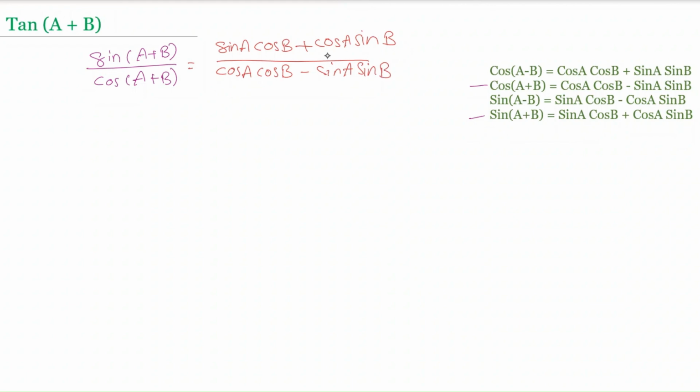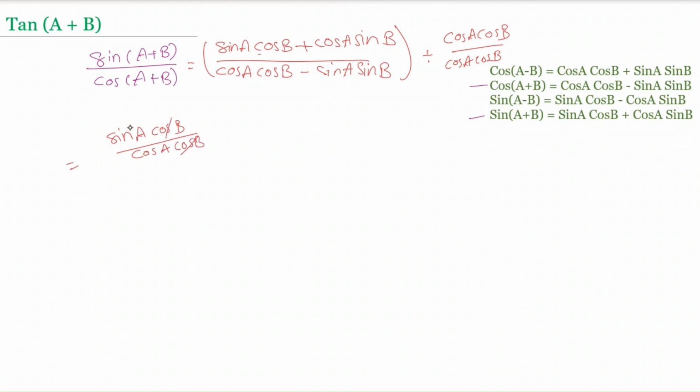Now we divide both numerator and denominator by cos A cos B. For the first term, sin A cos B upon cos A cos B, these two cos B will get cancelled.